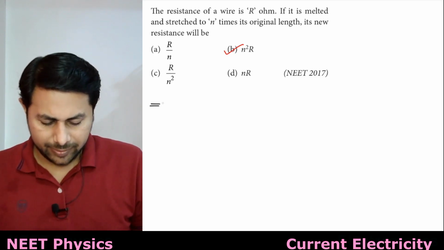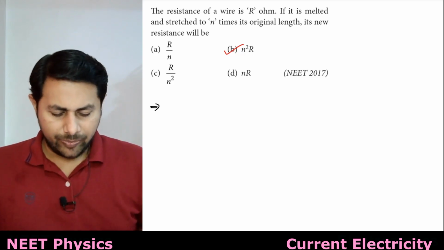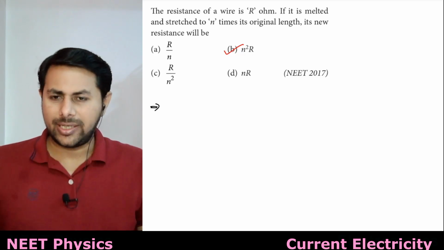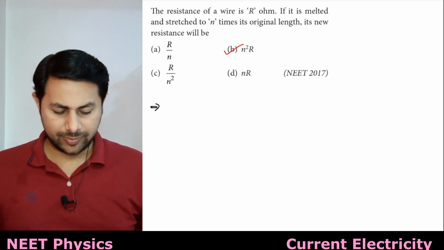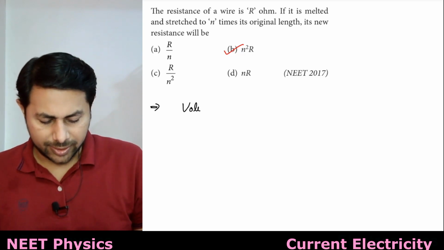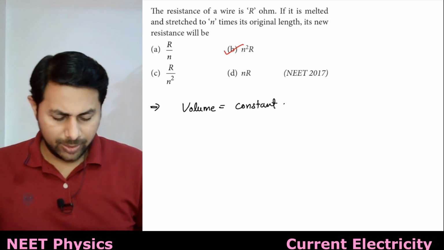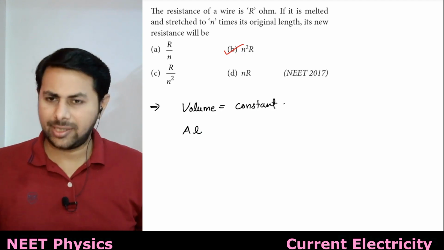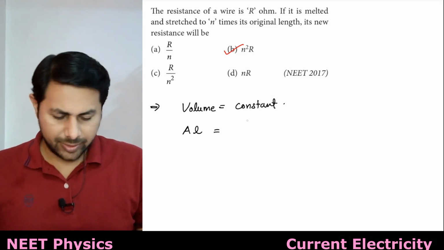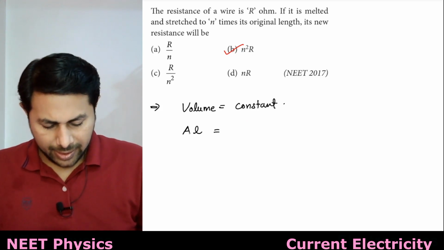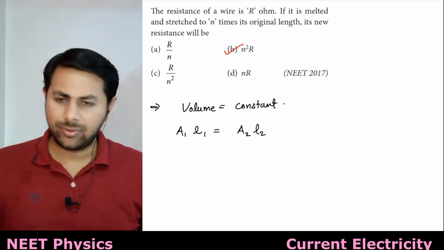Let me explain, because everybody might not know. You have a wire, and when you stretch it, we assume that its volume remains constant. So suppose the original area is A1 and the original length is L1, and the final area and final length are A2 and L2.